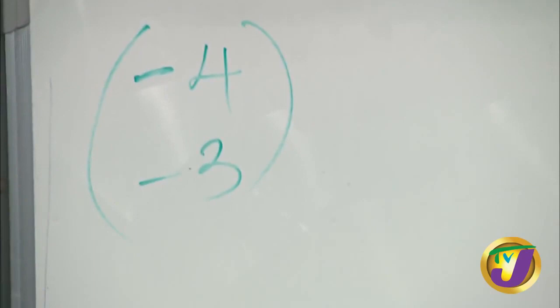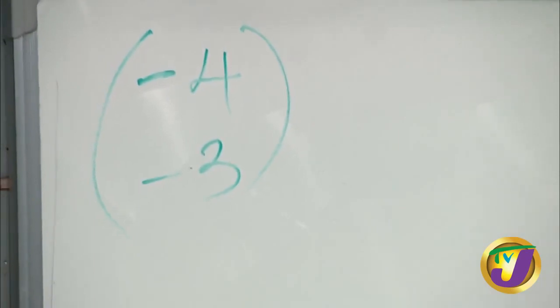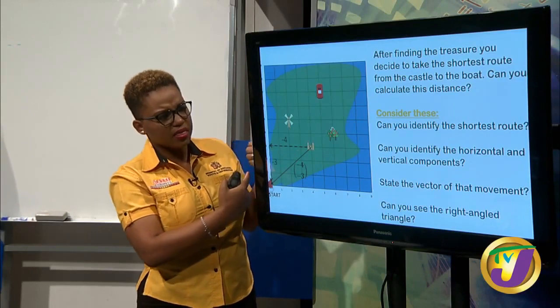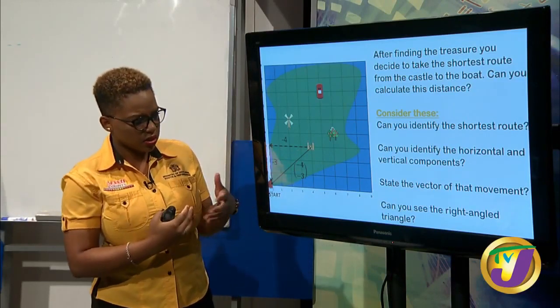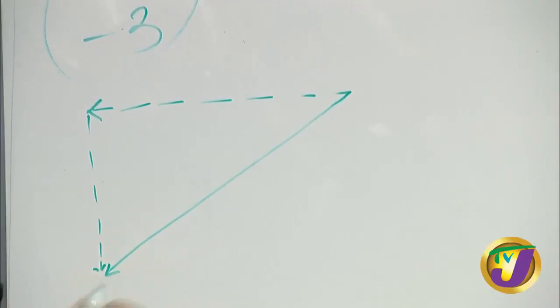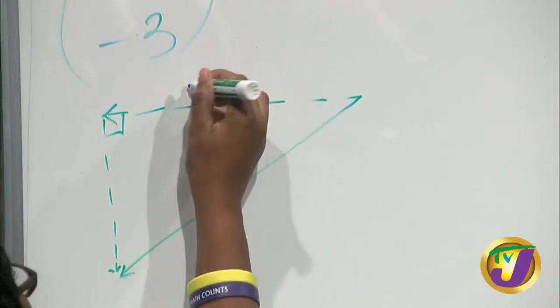Now with the shortest route decided upon, along with the vertical and horizontal components, I am seeing a triangle. That's why I'm trying to represent it on the board.